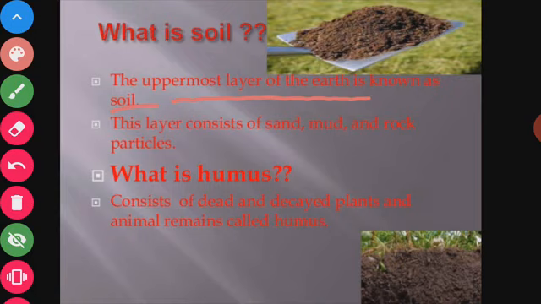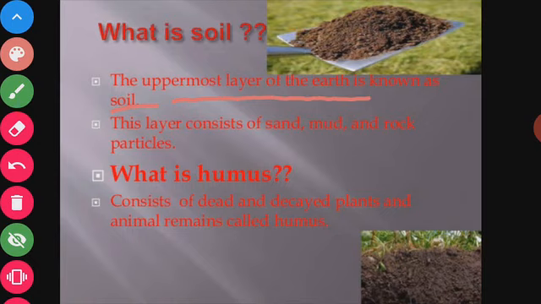This uppermost layer of the earth is composed of a thin layer of mineral particles, and the layer also consists of dead and decaying matter of both plants and animals.